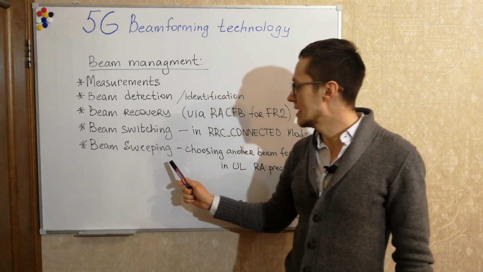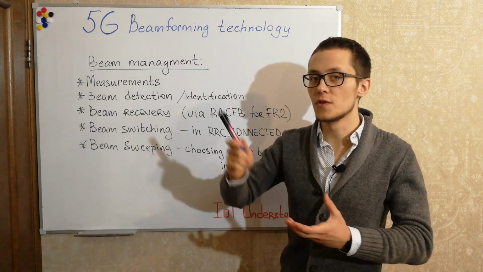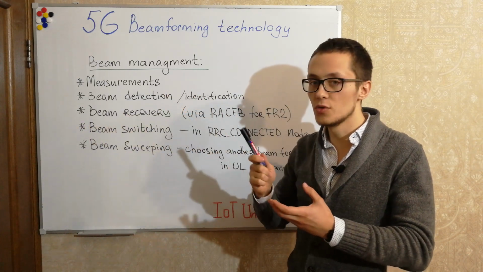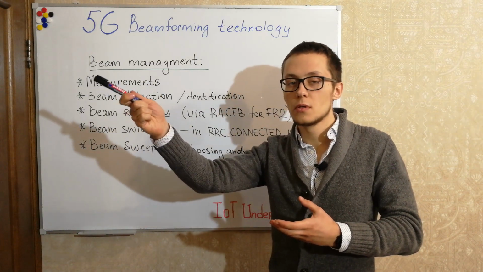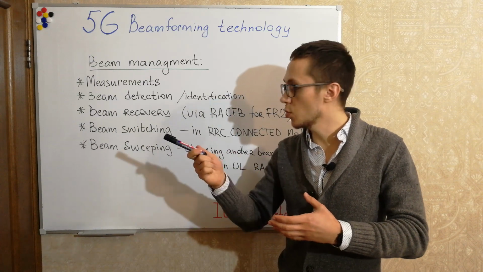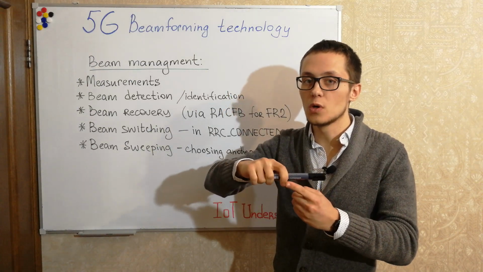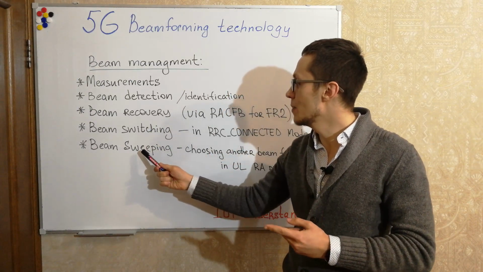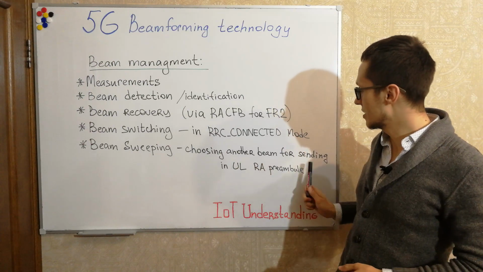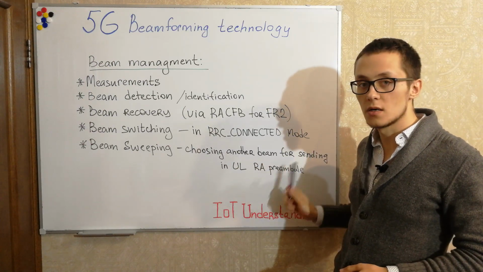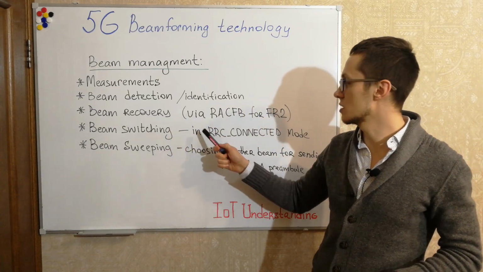Beam sweeping is when we have initial access to the network, and the UE sends a random access preamble to the network using one beam, and if it was a failed attempt, the UE may sweep to another beam, choosing another beam for sending the random access preamble in uplink.